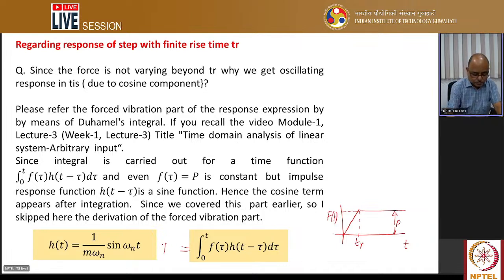Now here you can see that h of t is the impulse response function, and this contains a sine function. Therefore, when we integrate, because f of tau is constant here, the constant will come outside the integral, but when sine omega n t is integrated, obviously the cosine term will come. So therefore the cosine function comes into the picture.